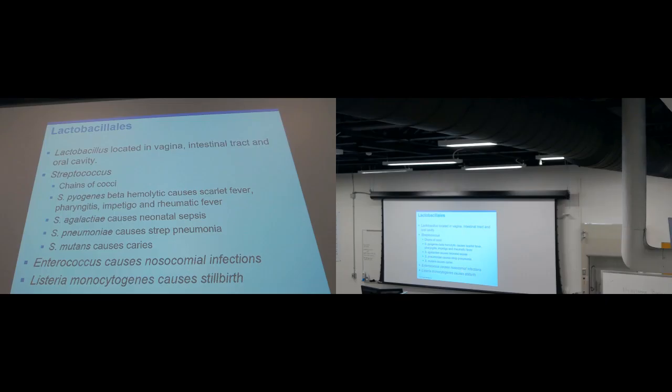Listeria monocytogenes causes stillbirth. So see, gram-positive bacteria can cause from mild injury, which is not so mild, I won't say caries is mild, but it can cause caries, and then it can cause death.